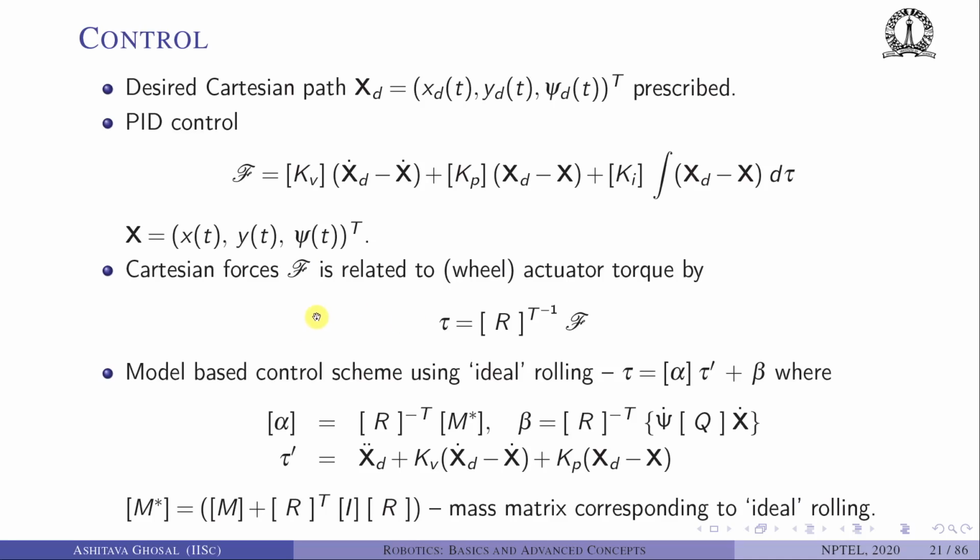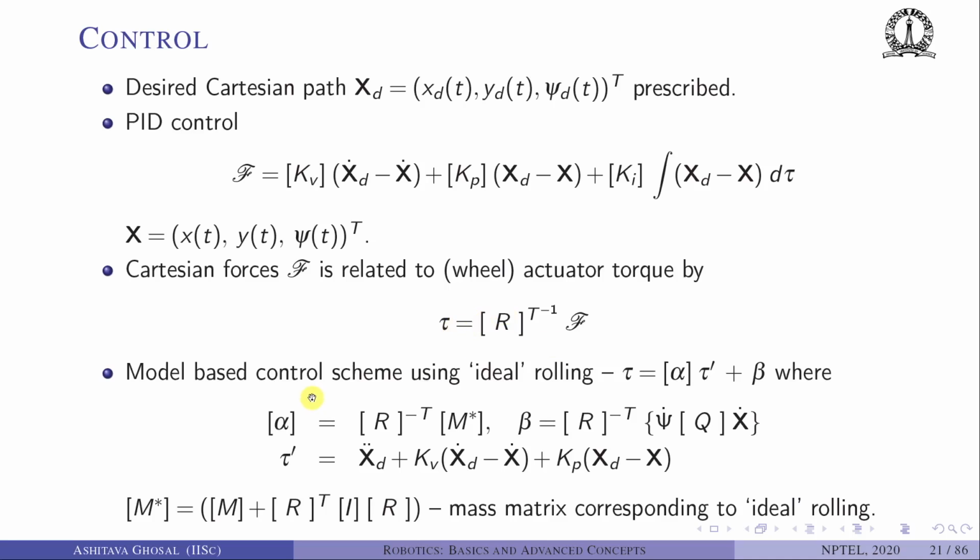We can compute the Cartesian forces related to the wheel actuated torque by tau equals R transpose inverse times the Cartesian forces. Very similar to what we did for Cartesian motion of a serial robot, where we had some Jacobian matrix and the Jacobian matrix inverse and so on. In this case, if you think a little bit about it, R is the inverse of the Jacobian matrix. So you have a transpose and then again an inverse to relate the motor torques to the Cartesian forces.